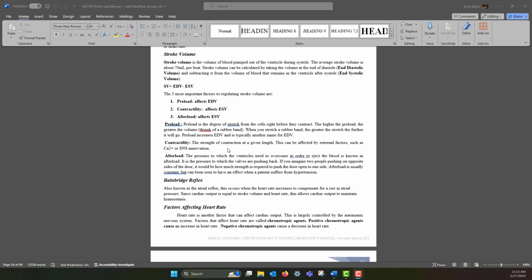A positive inotropic agent makes the heart beat harder. It increases contractility. A negative inotropic agent makes the heart not beat quite so hard. It decreases contractility. So chronotropic agents affect heart rate. Inotropic agents affect contractility.